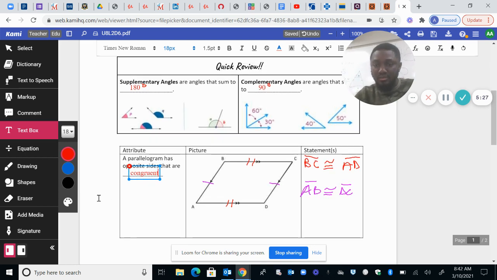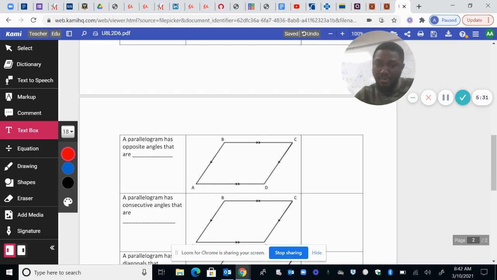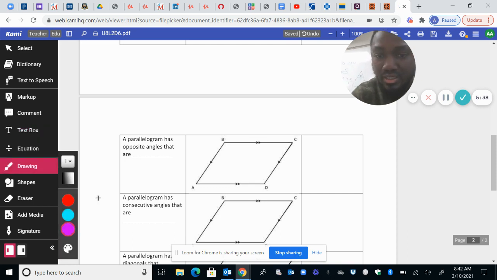Opposite sides are congruent. And the second attribute is that we're going to see the angles as well. As you can see, this angle here and this angle, they are opposite angles, this and this.